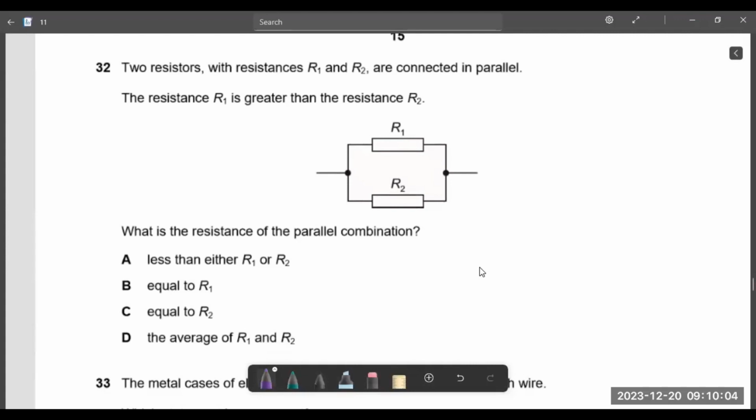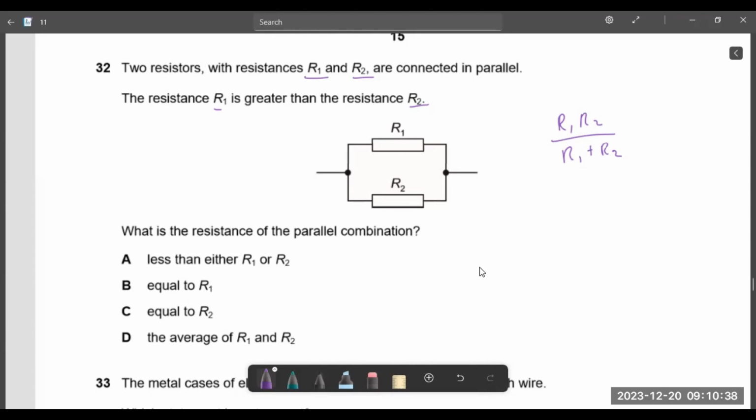Two resistors with resistance R1 and R2 are connected in parallel. Resistance R1 is greater than resistance R2. What is the resistance of the parallel combination? When two resistors are connected in parallel, the overall resistance will be R1 R2 by R1 plus R2. Whenever we calculate, it will always be less than either R1 or R2.